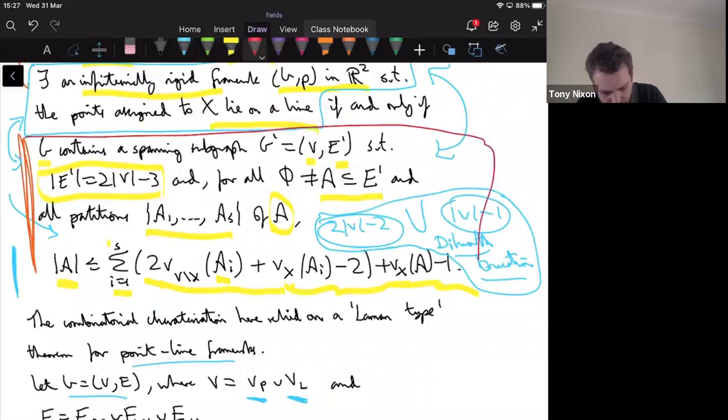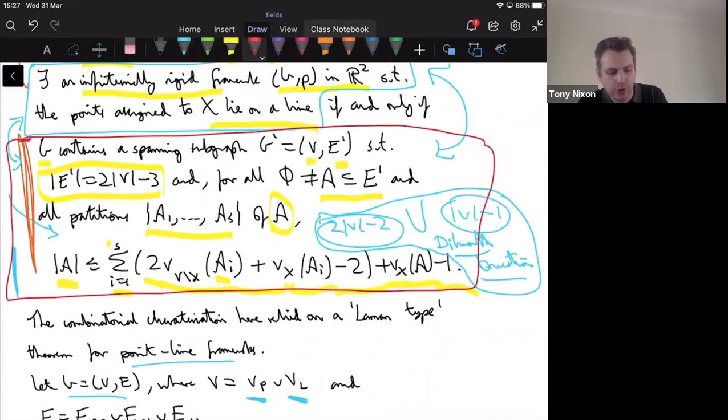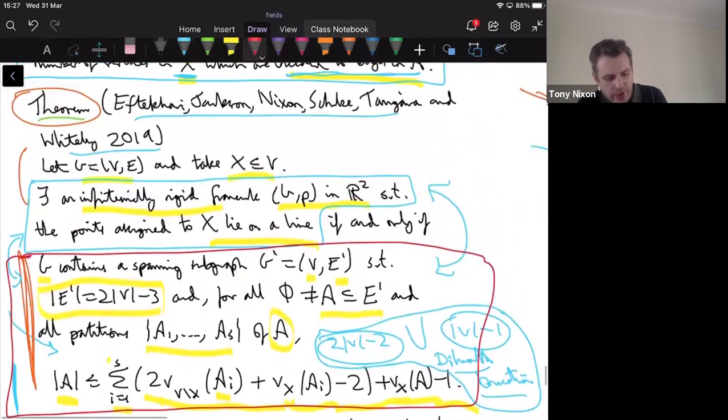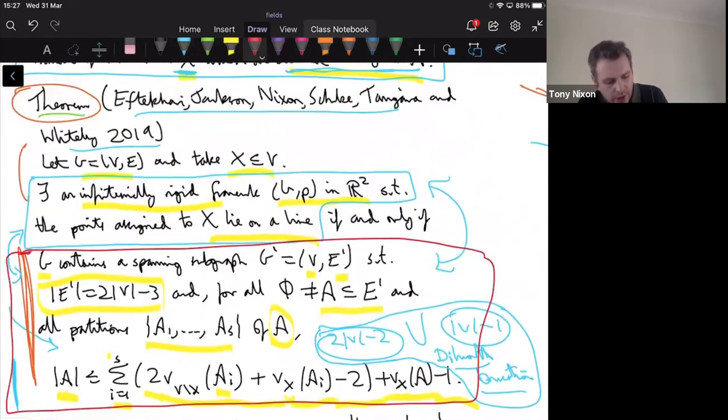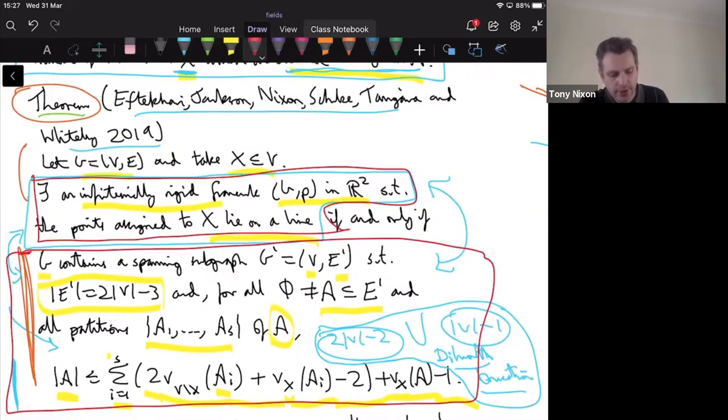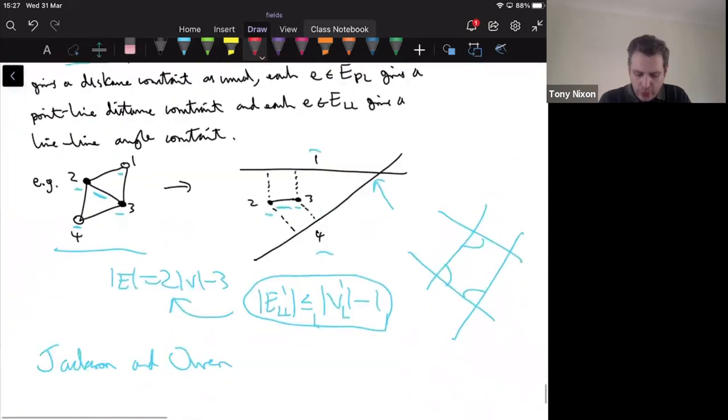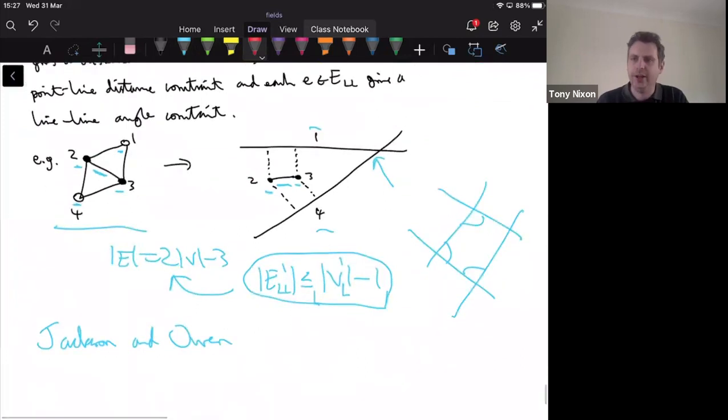This combinatorial condition is equivalent to rigidity of a point line framework. So the theorem stated here was really saying that this collinear condition is equivalent to rigidity, which is equivalent to point line rigidity. Okay, so that's the end of what I wanted to explain last time. I've now caught up. Are there any questions on that before I move to a different OneNote file?